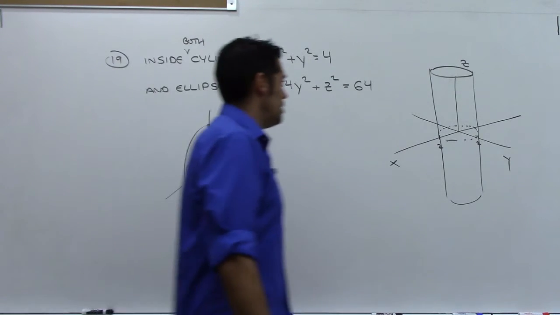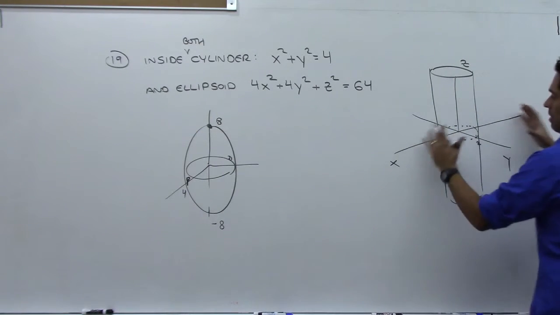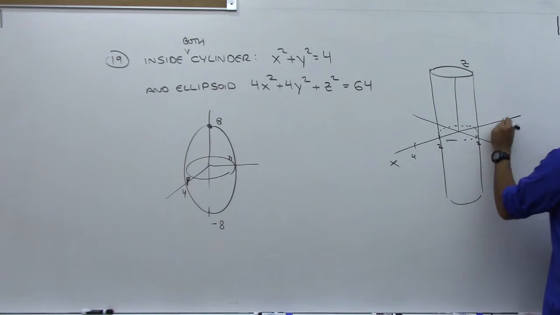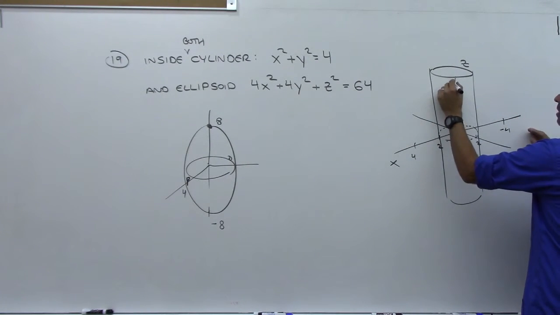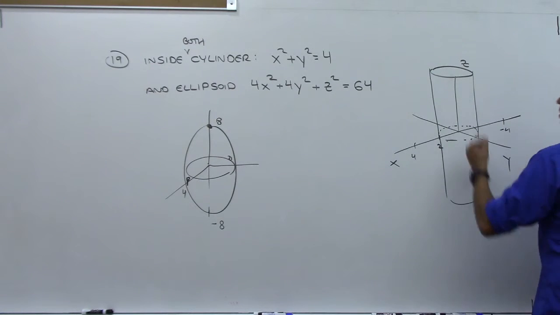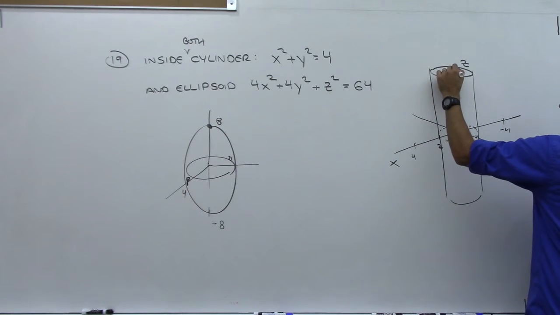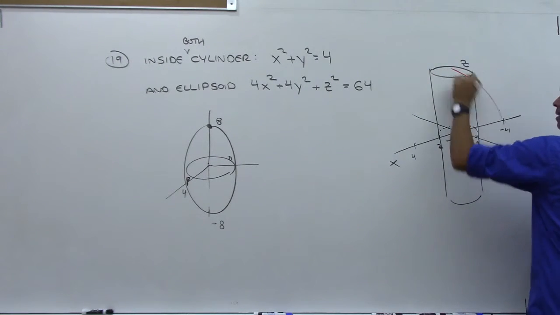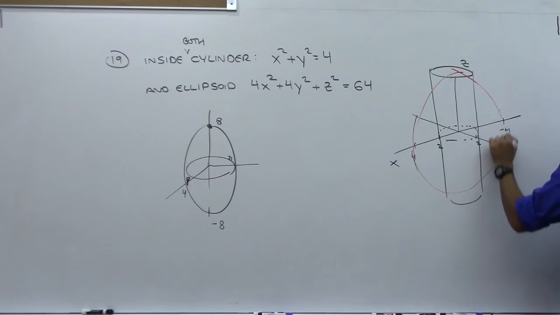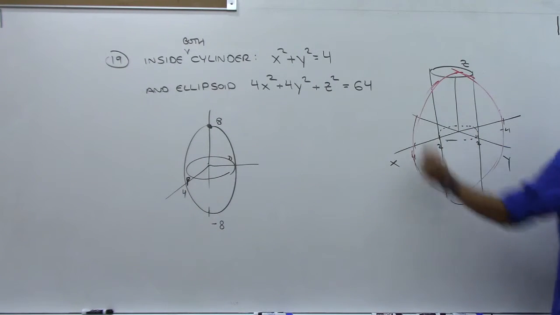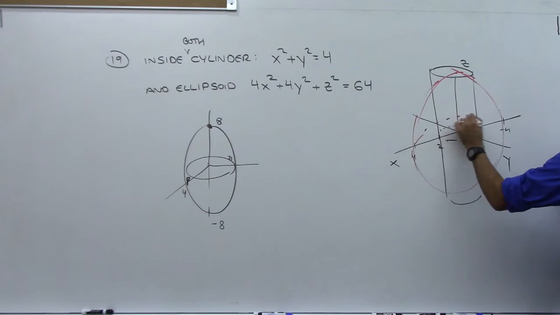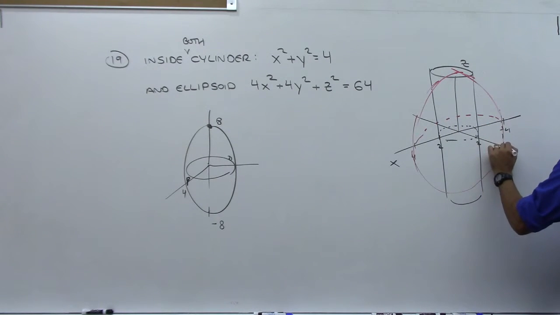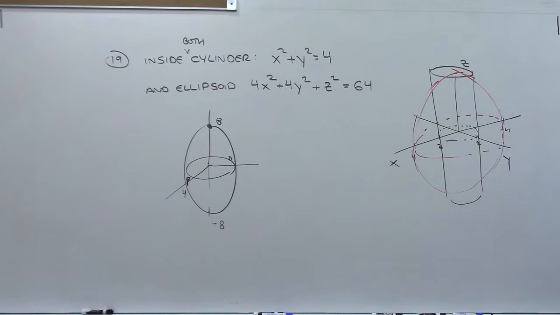So the ellipsoid comes outside over here. So the ellipsoid goes something like this, up here at 8, something like that. Terrible drawing, but that's pretty much it.